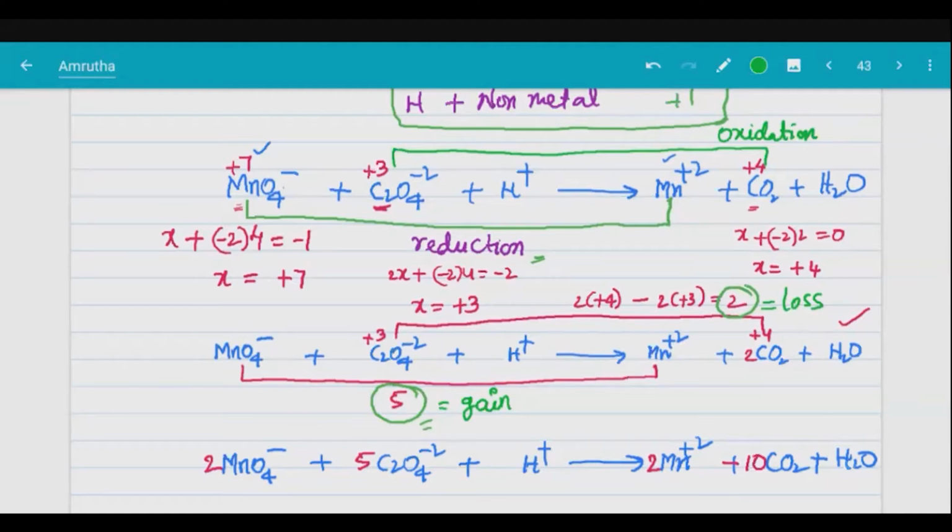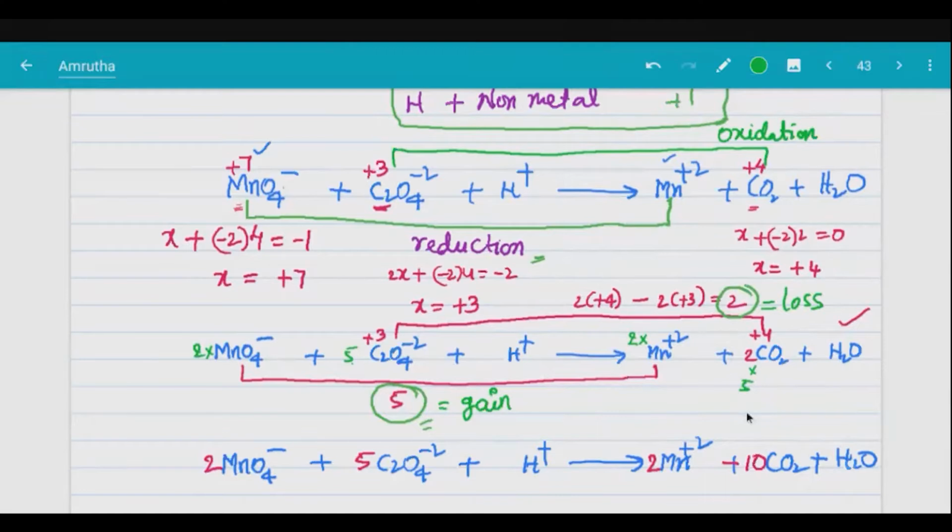So for that, the gain 5 electrons I'm multiplying with oxidation, that means I'm multiplying this with 5. But this is reduction, so I'm multiplying with this 2. Cross multiplication. Got it now? Just I did cross multiplication.